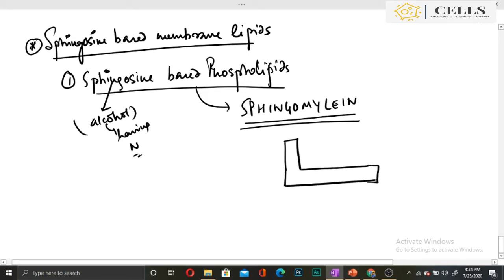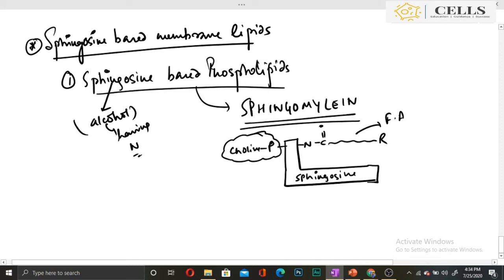This is the structure of sphingosine, and there is N, and here one fatty acid is bound. Along with that there is a phosphocholine group attached to this structure. So this is sphingosine, this is one fatty acid, and another is a phosphocholine group.